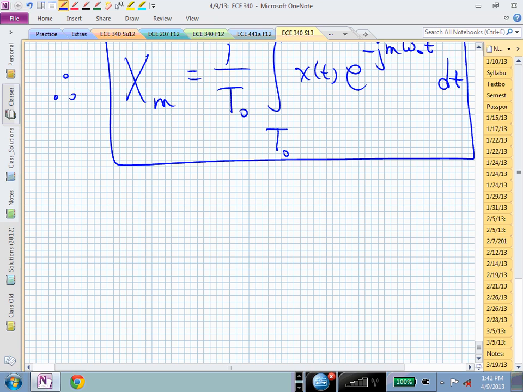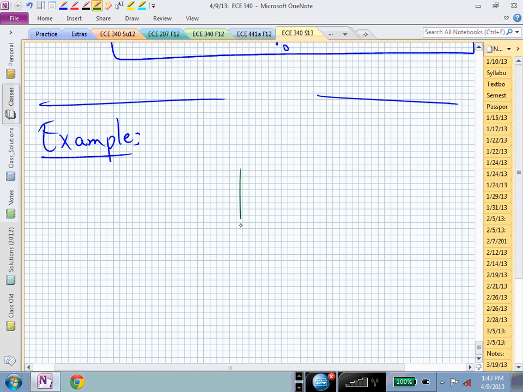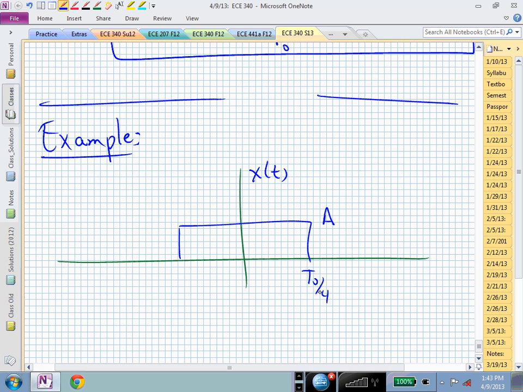Questions on how to find the complex exponential coefficients. If you now find, for our earlier example, where we maybe had something like this, let's generalize it, and this is t naught over 4 minus t naught over 4, and then it repeats.